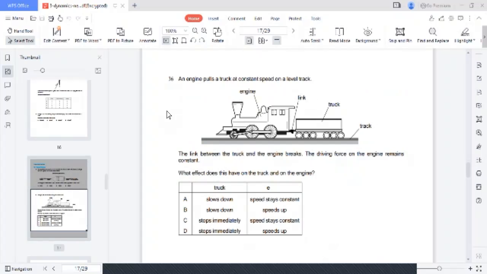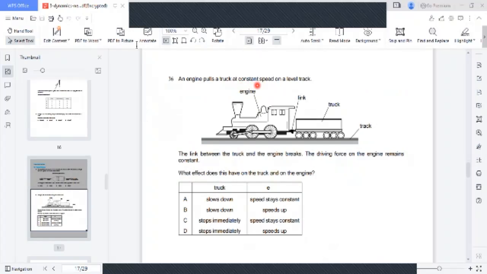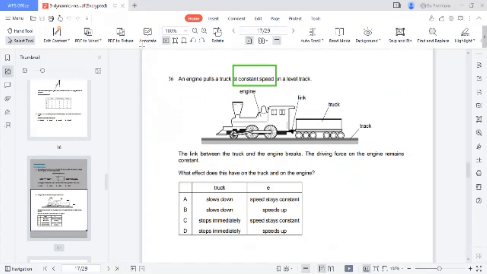Number 36: an engine pulls a truck at a constant speed. Constant speed means acceleration is 0. Acceleration 0 means the resultant force acting on it is also 0.